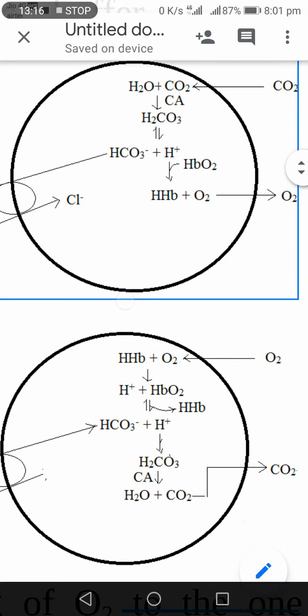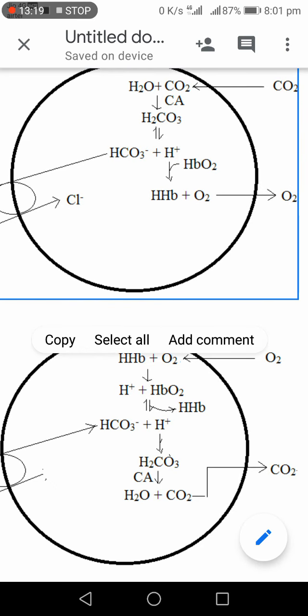So at the tissue level, carbon dioxide enters into the RBC from the tissue, and the oxygen that is transported from the lung as oxyhemoglobin is delivered to the tissue.